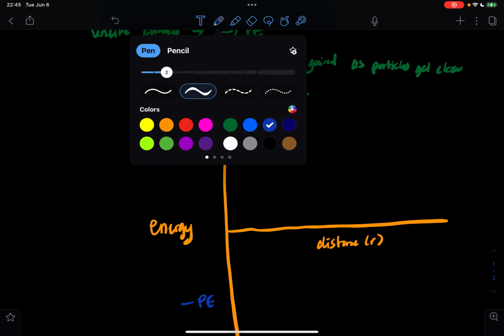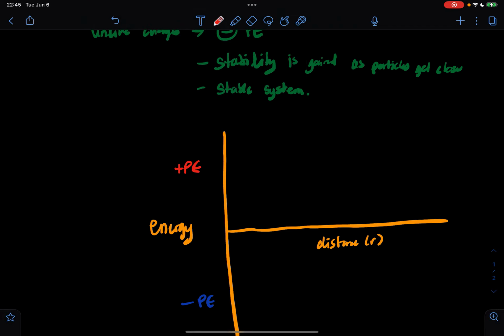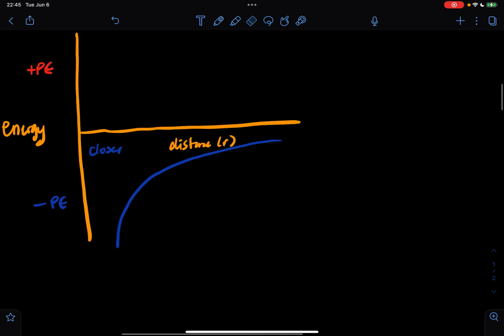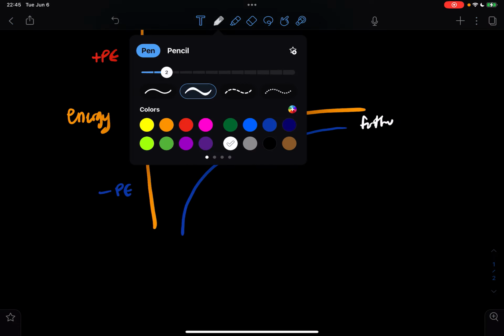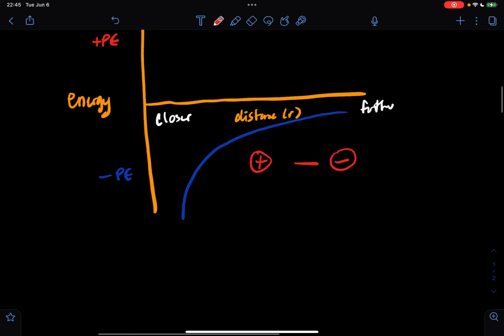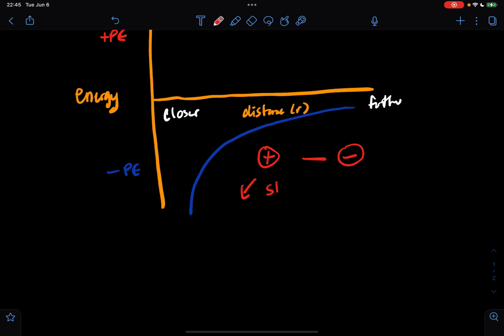So let's actually make the positive in a different color. What we're saying with the negative potential energy is that there is going to be a more stable interaction as the particles get closer together. So let's have these white. Closer, further. So as the particles get closer together, we are generating a more stable interaction. So the potential energy gets more negative.